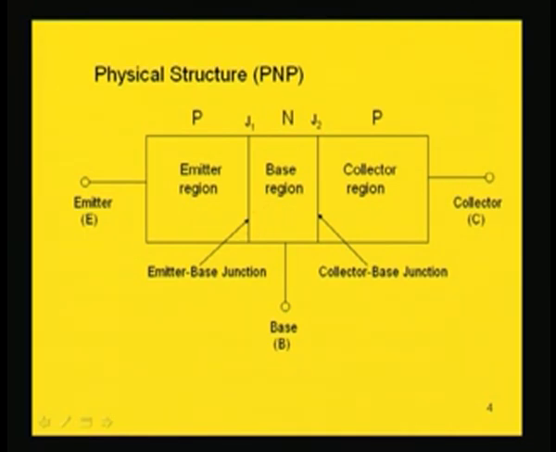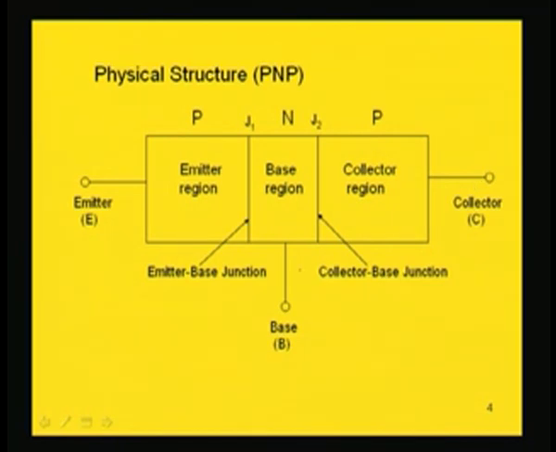So, there will be 2 junctions, J1 and J2, as I have named. J1 is the junction between emitter and base, and J2 is the junction between collector and base. The 3 terminals taken out from these 3 regions are correspondingly the emitter terminal, base terminal and collector terminal.